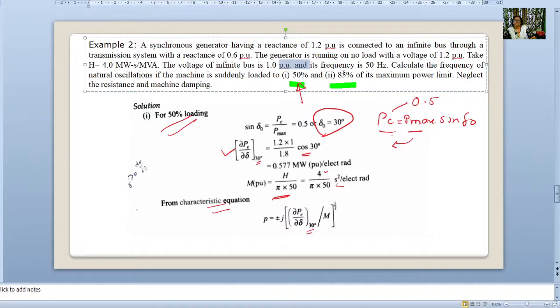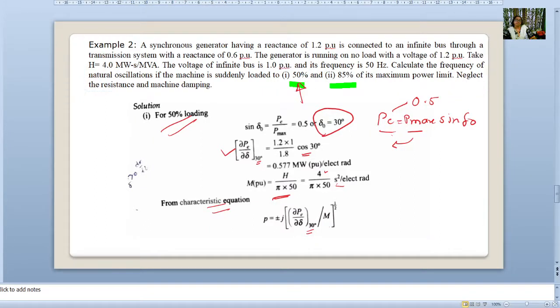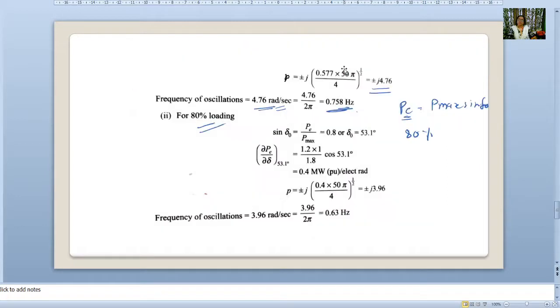Here it should be 80, because we have solved for 80% loading. So 1.2 into 1 upon 1.8 cos of del 0, and at 80% loading we got del 0 as 53.1 degrees. For that we got the synchronizing power coefficient as 0.4 megawatt.